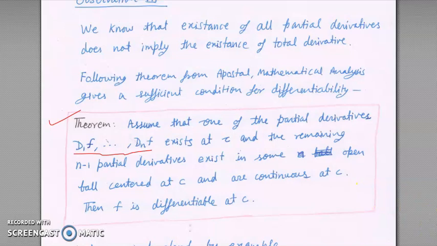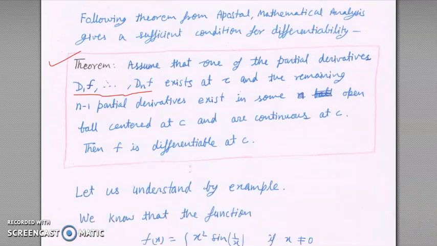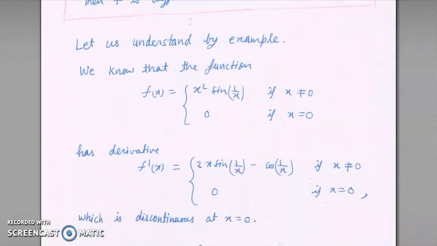So let us see one example over it. Before doing the example, let me introduce a function. This is a one variable function. f(x) is equal to x square sin 1 by x if x is not equal to 0, and 0 if x is equal to 0.